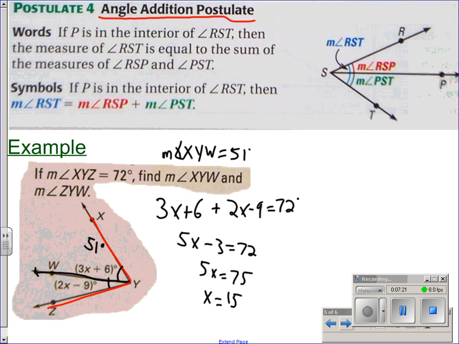Now, we can do the same thing for the other smaller angle, angle ZYW. We can plug in x. 2 times 15 is 30, minus 9, 21 degrees. Or we could have just taken 72 and subtracted the 51, leaving us with what's left. You got some options. So there's the second angle, 21 degrees.